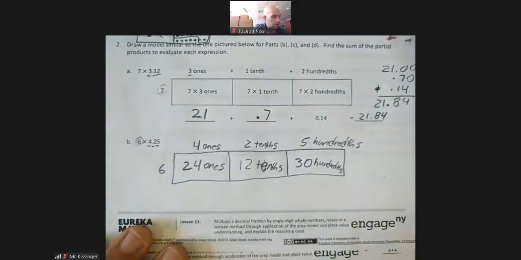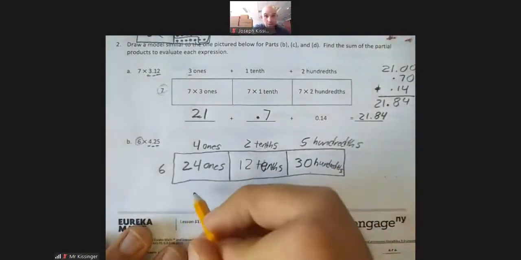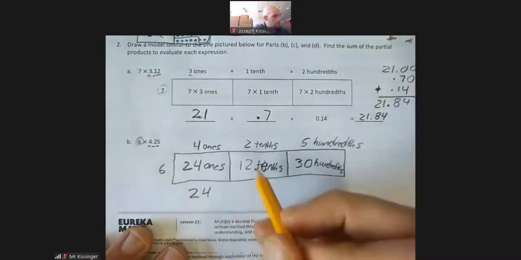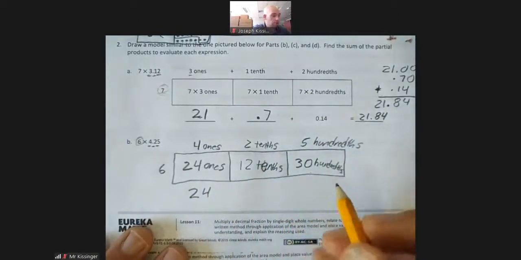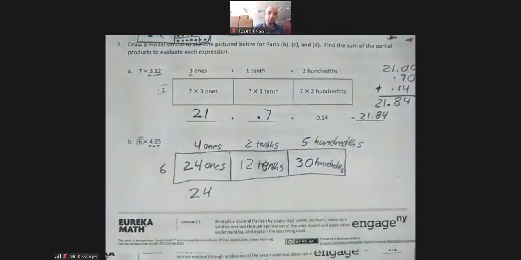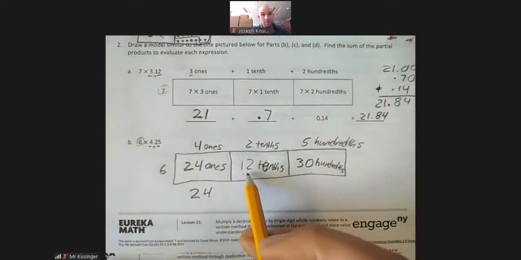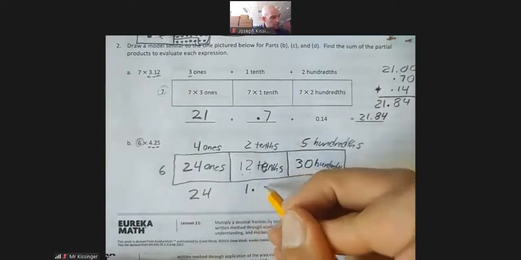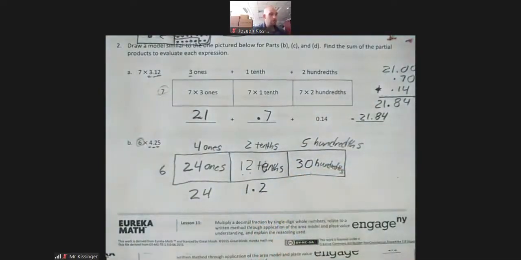All right, so 24 ones, what does that look like? Well, 24 ones just looks like 24. 12/10. Well, if we had 10/10, we would have 1 whole, because 10/10 we can cash in for a 1. So we have 10/10, and then we have 2 left over. So we'd have 1 and 2/10, 1.2.